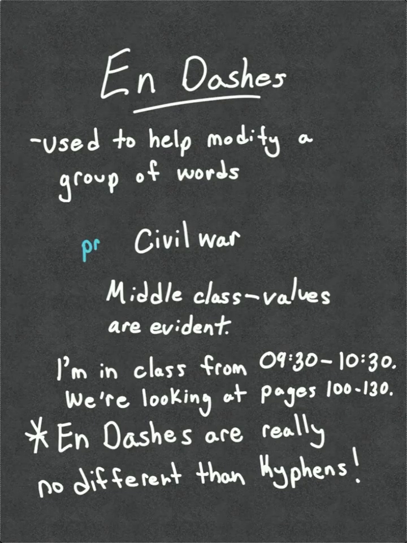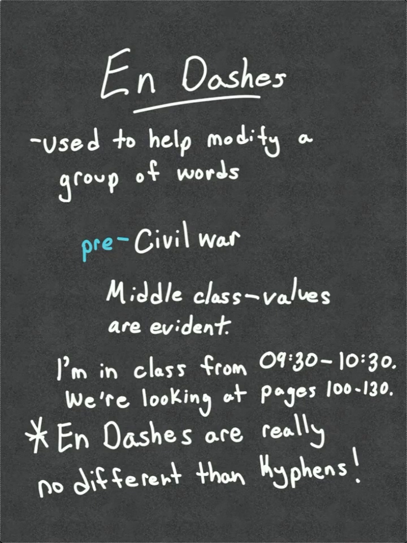I'm going to put in pre en dash Civil War. This is indicating a time before the Civil War. Of course, another way around this is you could just simply say the time before the Civil War and not have to worry about making a mistake with the en dash.